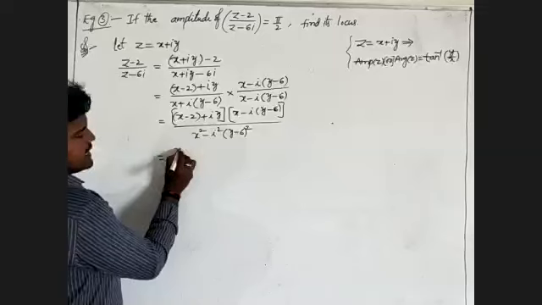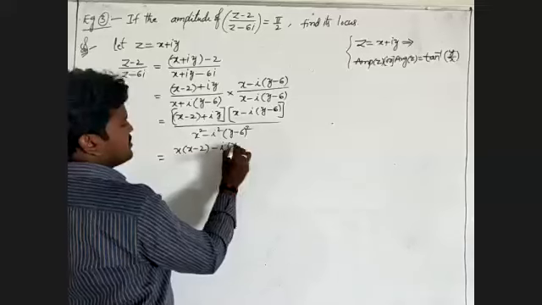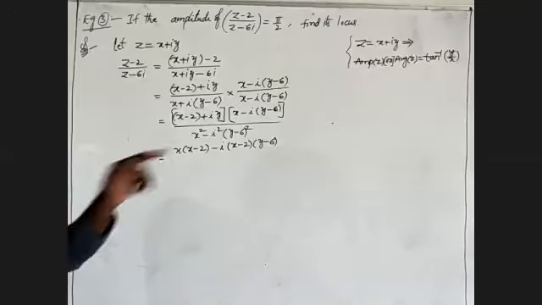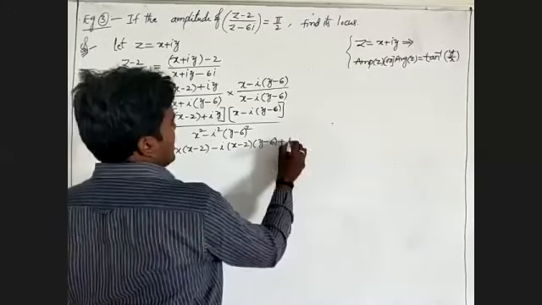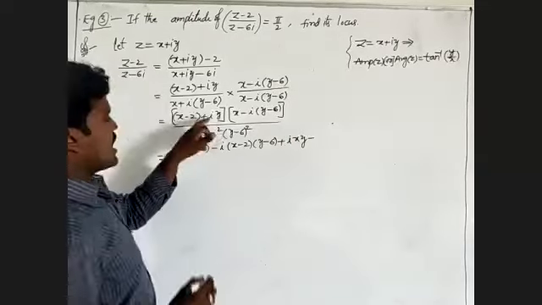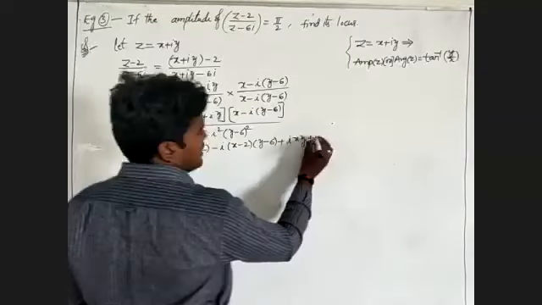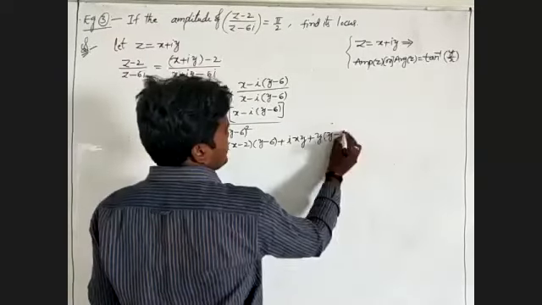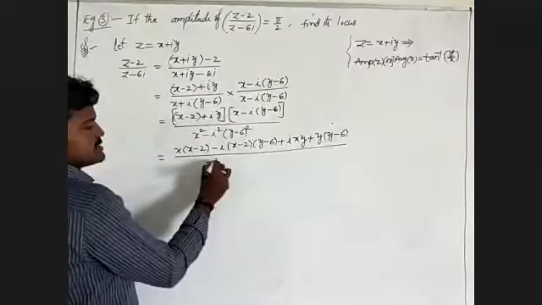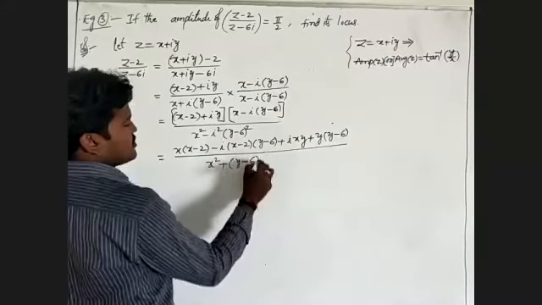That means x into (x minus 2), after that minus i into (x minus 2) into (y minus 6). After that, multiplying this one, plus i into xy, plus into minus is minus, i into i square becomes minus 1, minus into minus is plus. Remaining, we have written y into (y minus 6). In the denominator, x square, i square becomes minus 1, minus into minus is plus, (y minus 6) whole square.